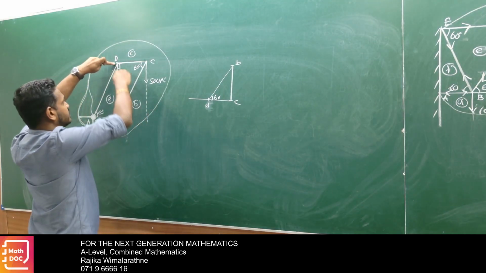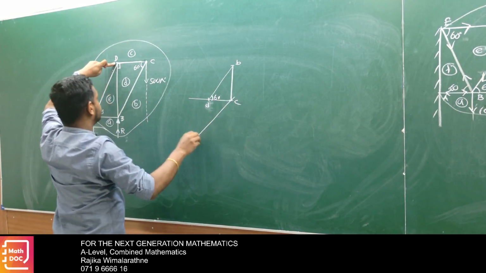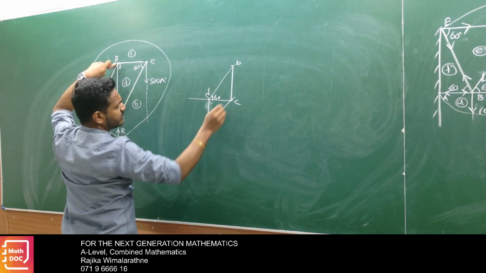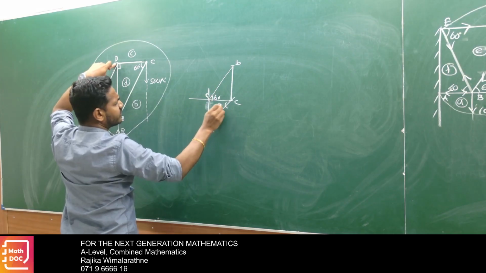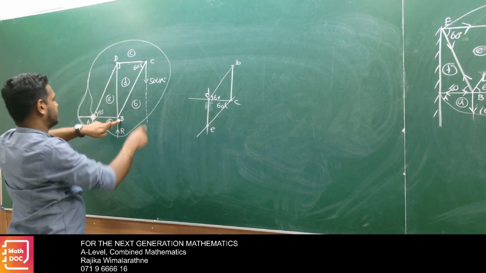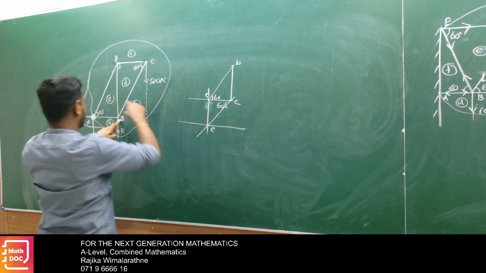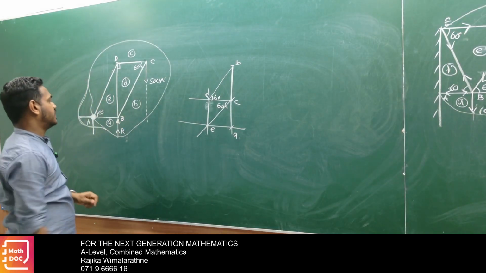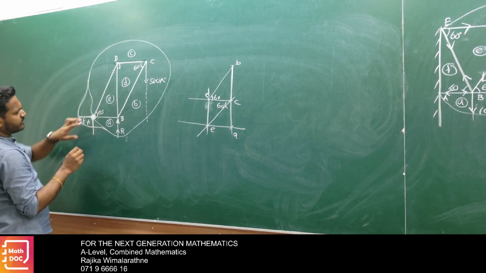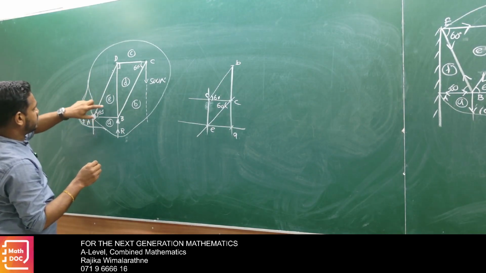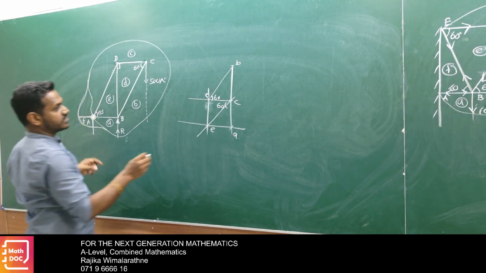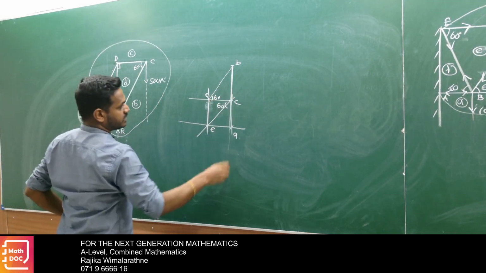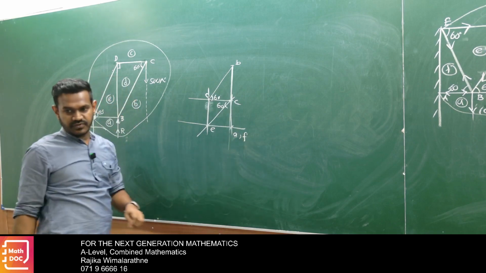Then go to this vertex, CE 60, ED vertical. Then go to this vertex, EA horizontal, AB vertical. Like that. If you get F here, then we can follow this. Then take this vertex, EC, CF horizontal, FA vertical. Then this will be coincident if you get that region.